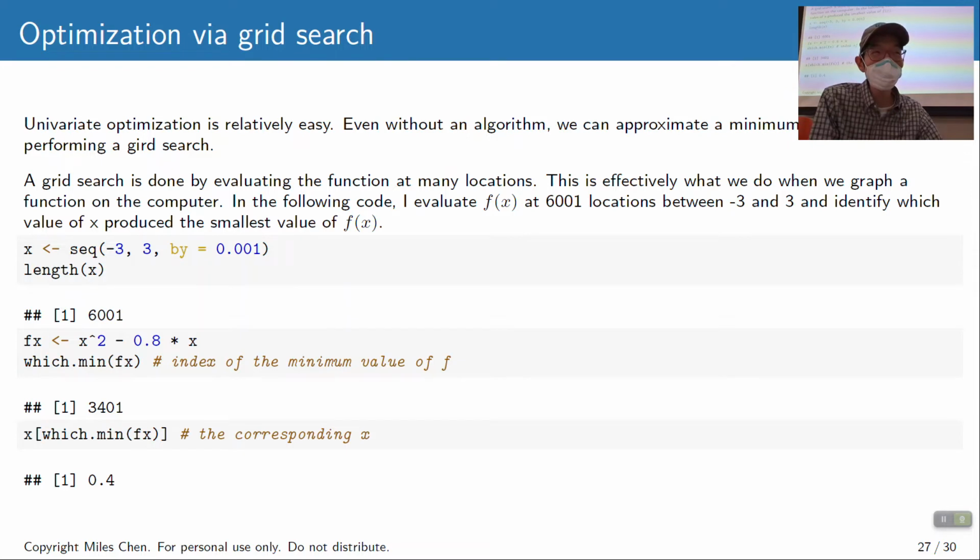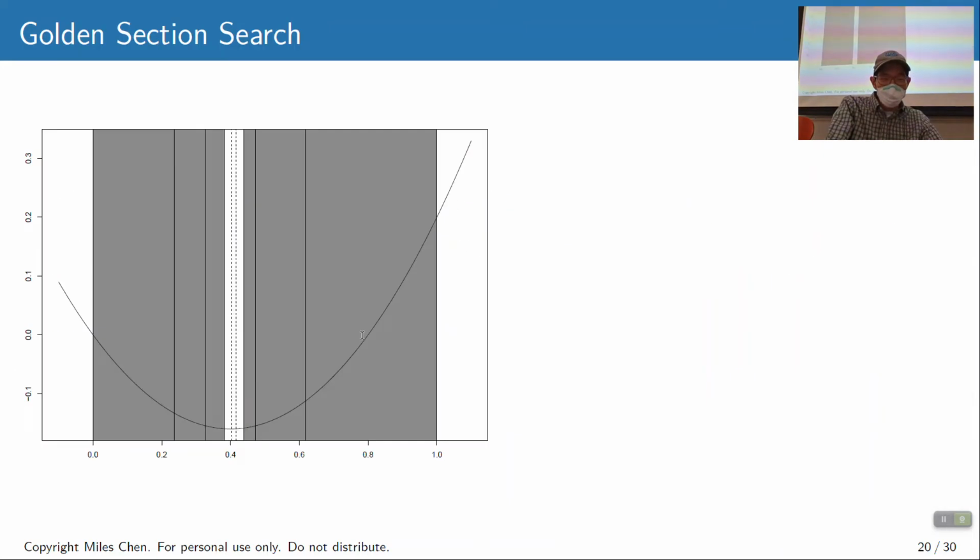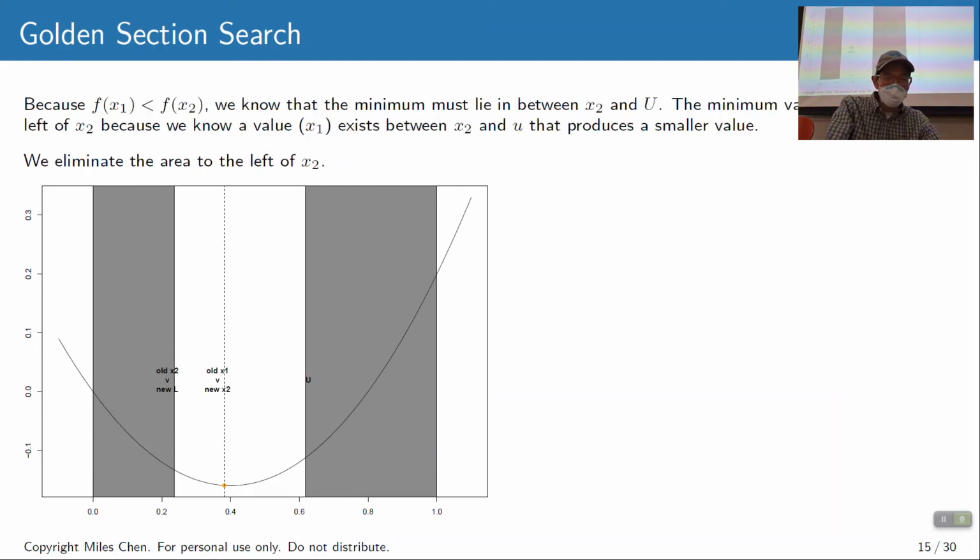Even if you didn't know anything about optimizing, you could just graph the function. You could say, let's go from 0 to 1 and evaluate the function every 0.01, so 101 locations: 0, 0.01, 0.02, 0.03. Then you just take the lowest one, and that'll get you pretty close to the answer.